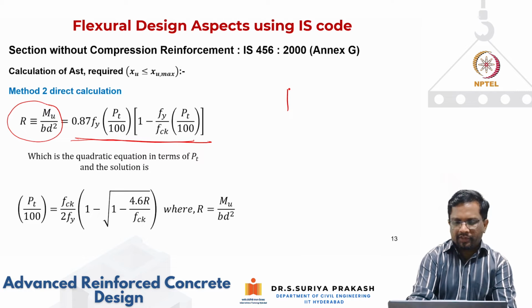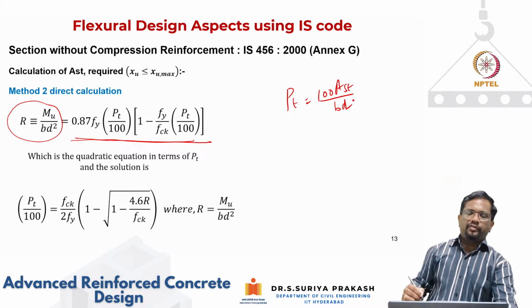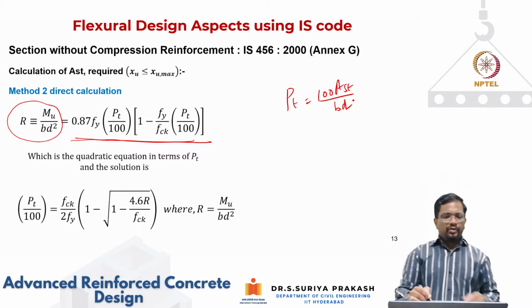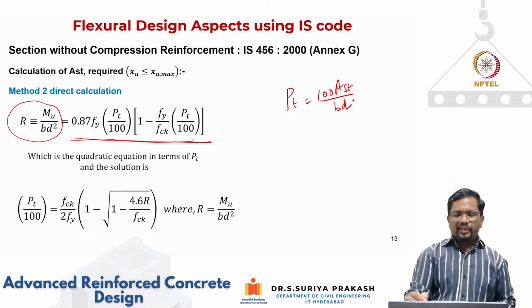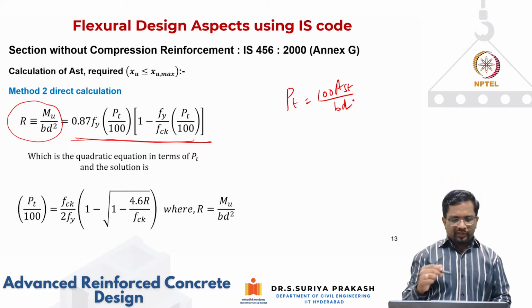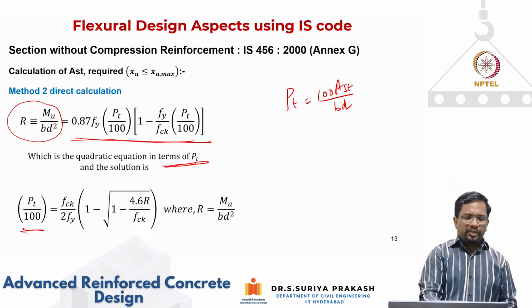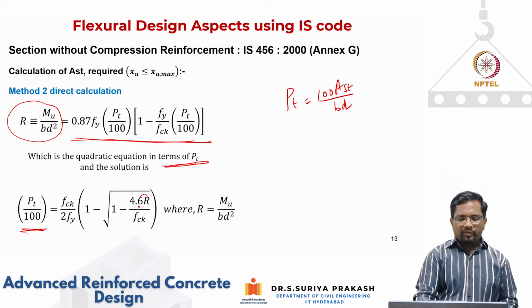Again, what is pt? Go back. It is 100 Ast by bd. It is the percentage of steel. So the moment resistance when steel is yielding can be expressed as a function of your amount of steel on the tension side. It is a quadratic equation.